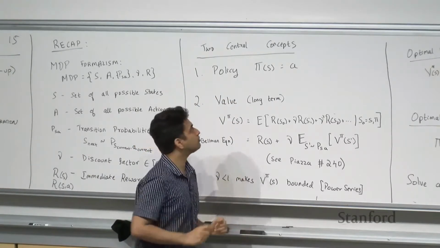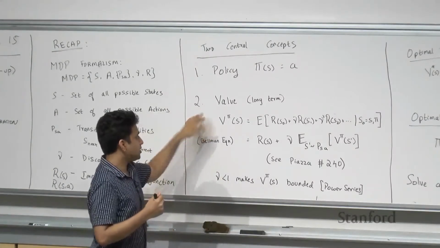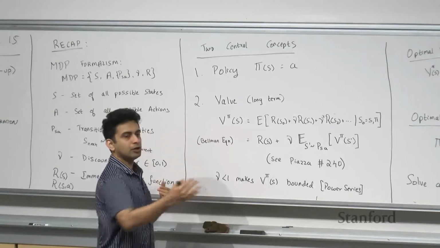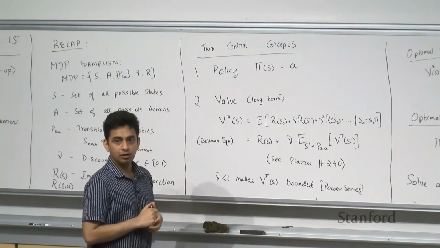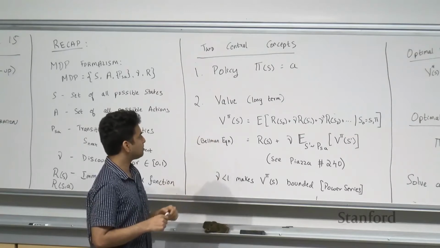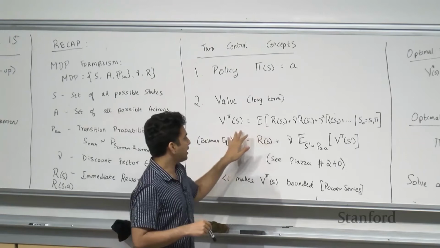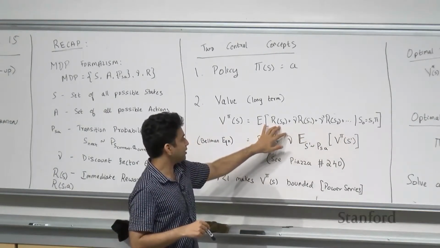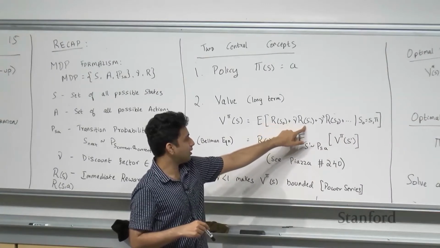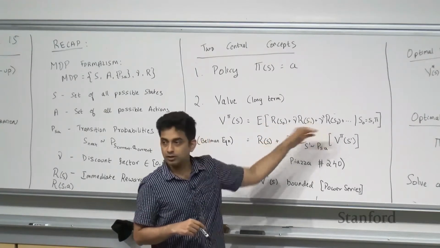And the value function is the expected long-term accumulated reward along with the discount factor gamma. So V^pi(s) is the expected sum of all rewards, that is the reward at the current state plus gamma times the reward at the second state plus gamma squared times the reward at the third state, and so on.